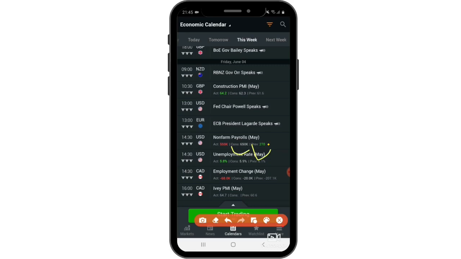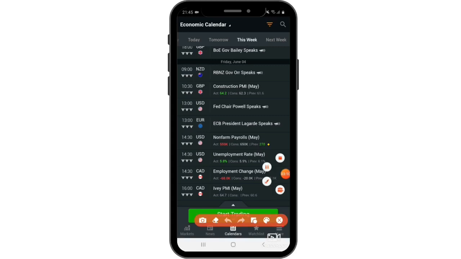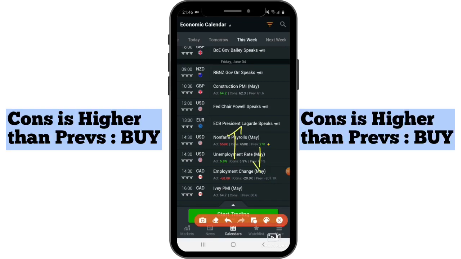Let's set it out. When your consensus figure is higher than your previous, that means you must expect Nasdaq to buy.